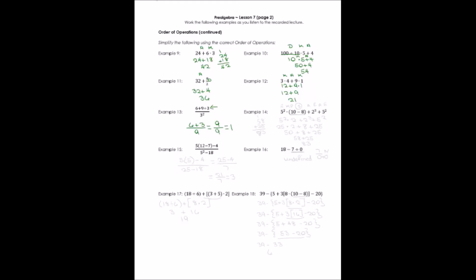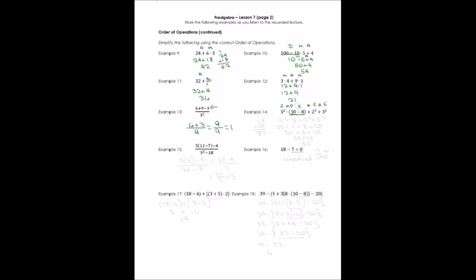I want to look at example number 14. It's fairly complicated. We have exponents and multiplication, and parentheses, and then inside parentheses, we have subtraction. Then we have addition, another exponent, addition, and another exponent. So what do we handle first? Well, parentheses trumps everything.